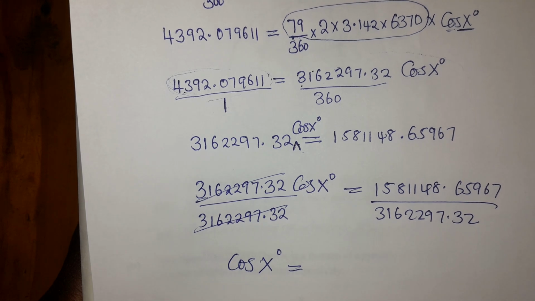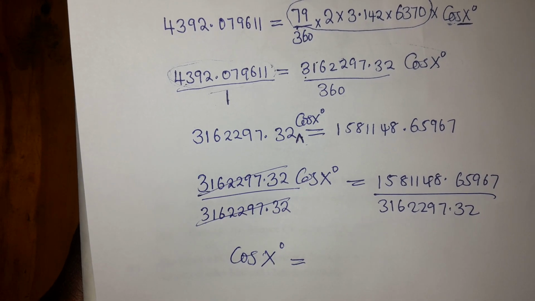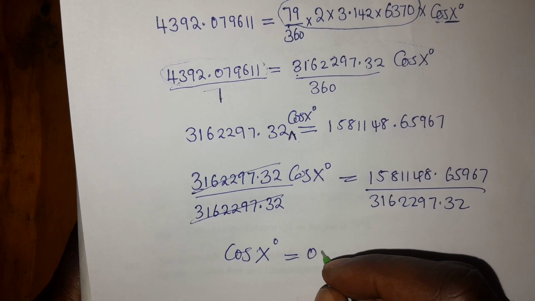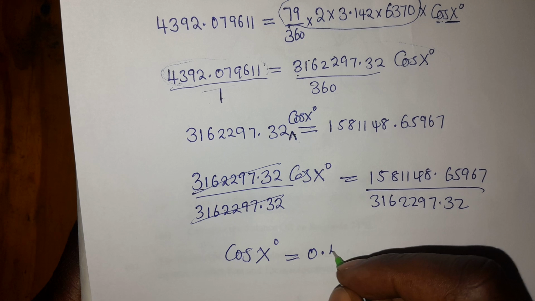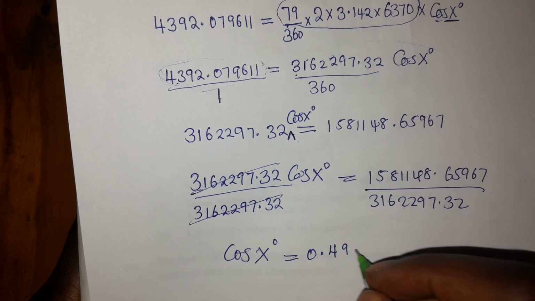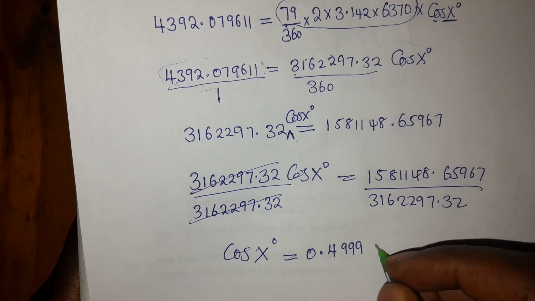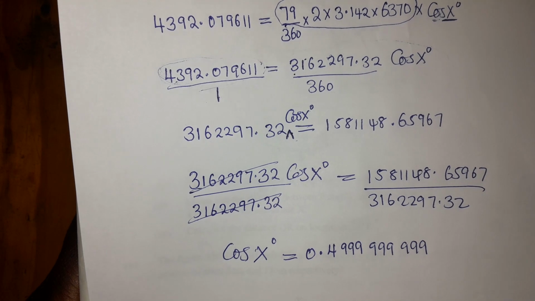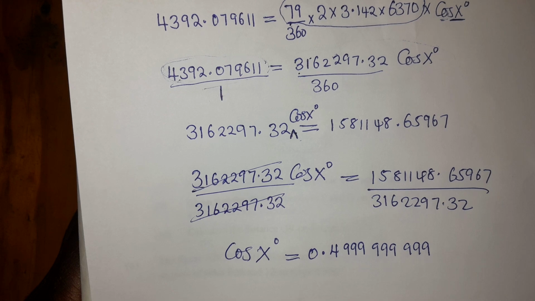When you punch this on your calculator, once again, like I'm saying, what are you getting on your calculator? On mine, we're going to have 0.4999999999. That's what we're going to get.